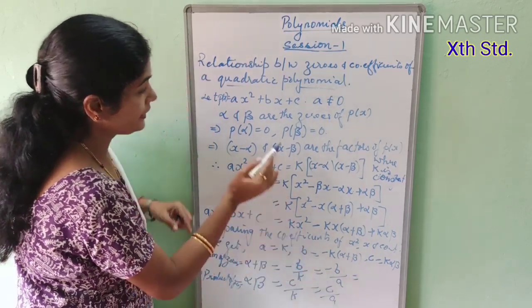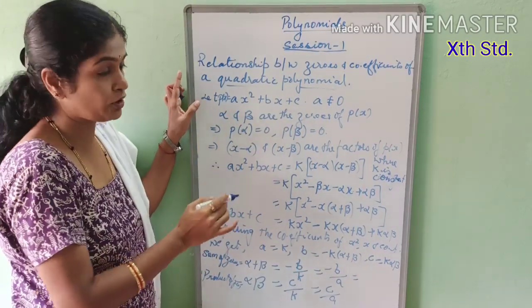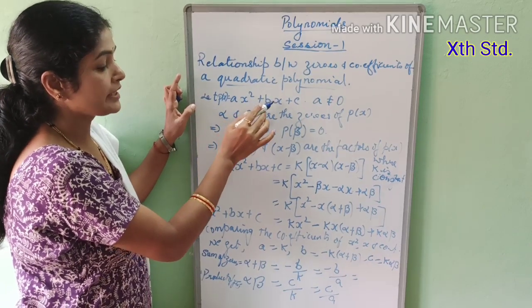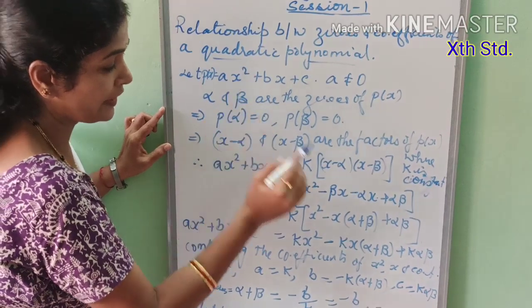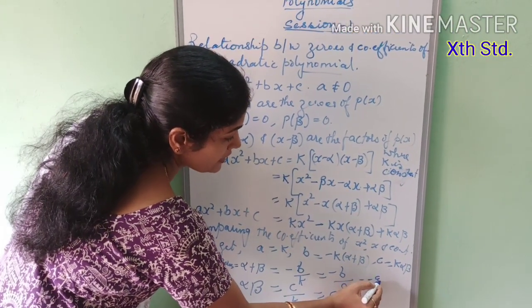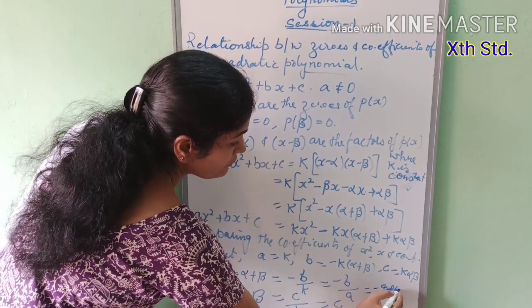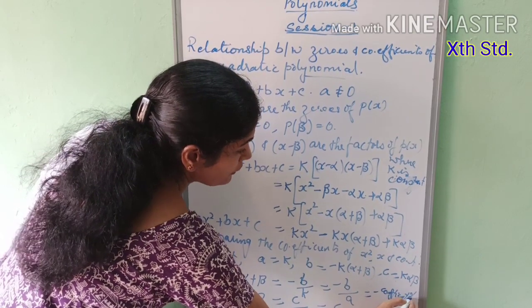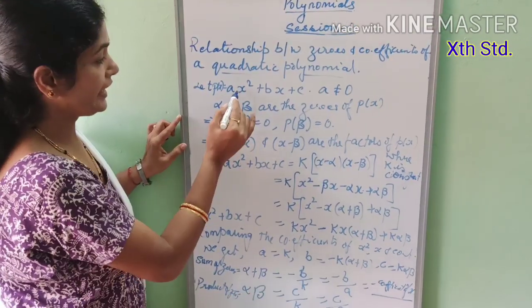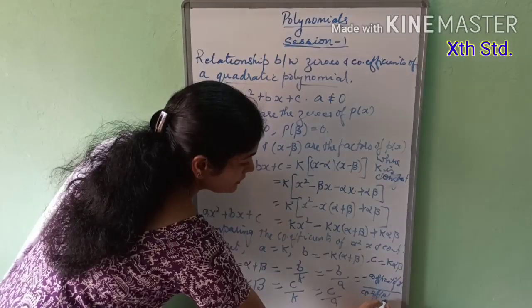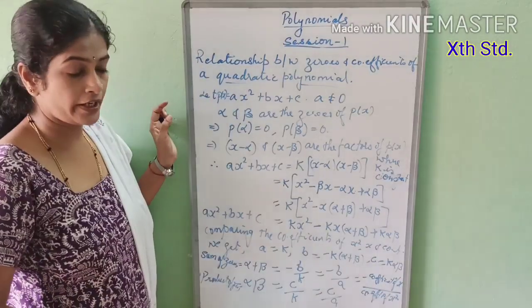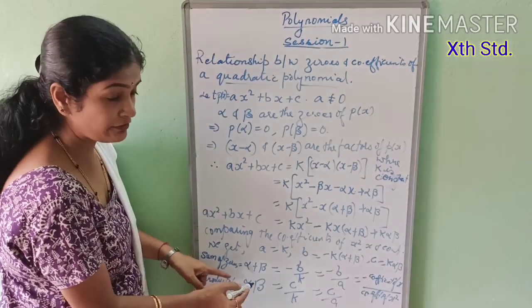Minus b by a. Look at the standard form of a quadratic polynomial, ax square plus bx plus c. What is this b? B is nothing but the coefficient of x. That is equal to minus coefficient of x divided by a. What is a? A is the coefficient of x square.